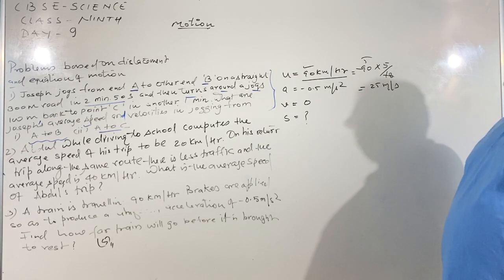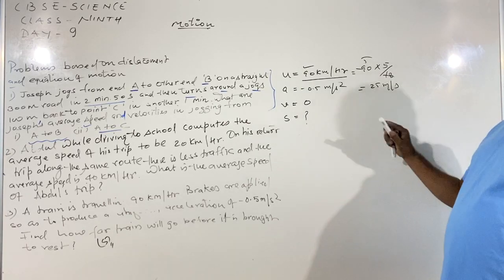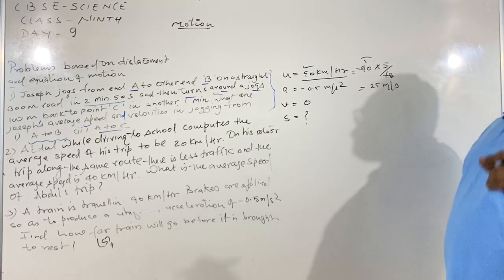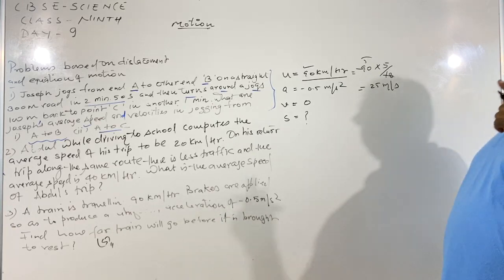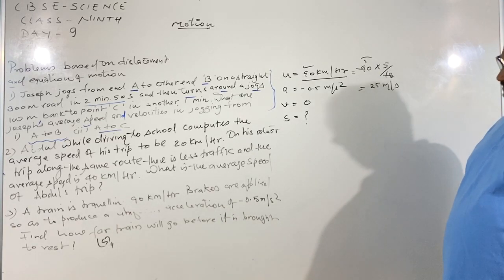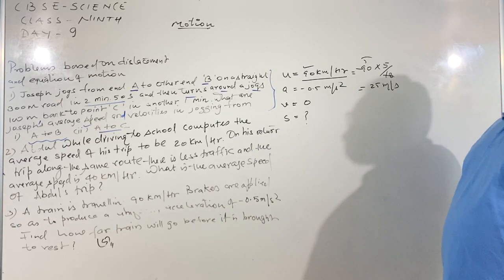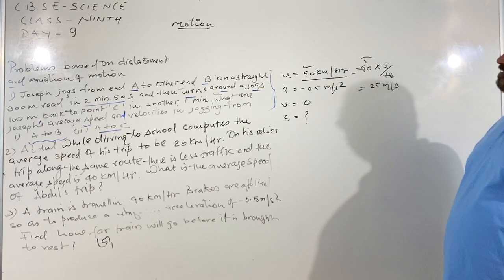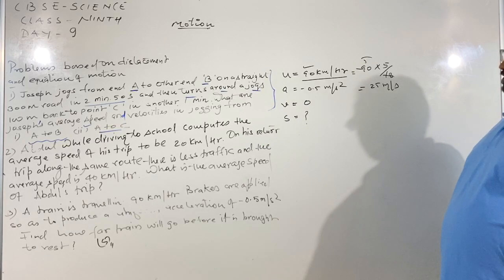Now the selection of equation of motion. Which equation has to be applied? You can see this is an example of velocity displacement equation. Time has not been given in it. Time has been eliminated in the problem. And you find out the equation.